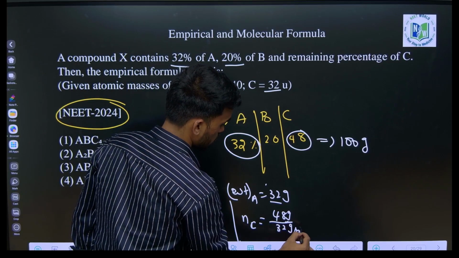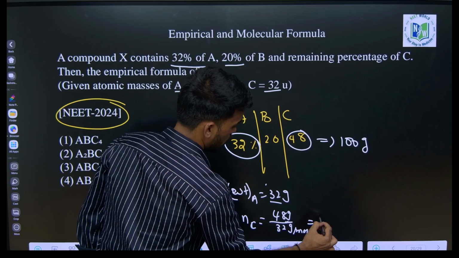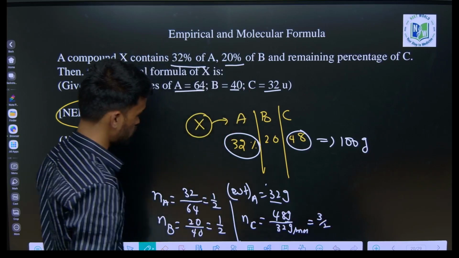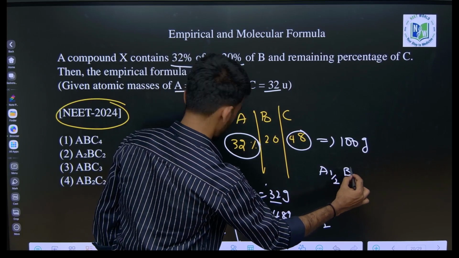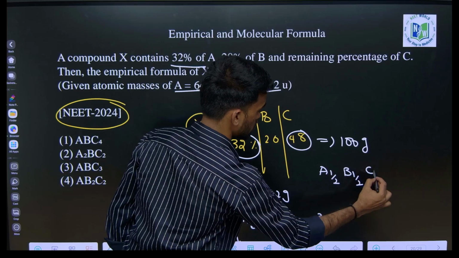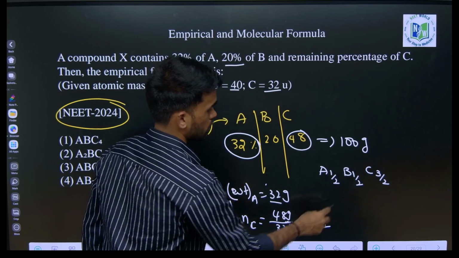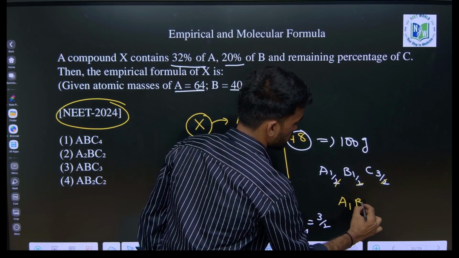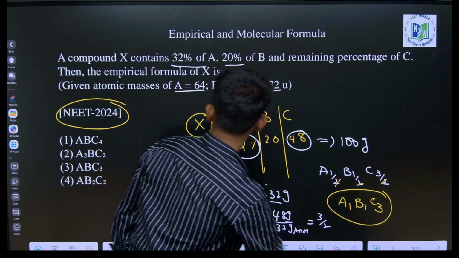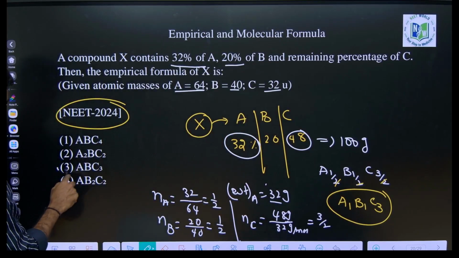So finally, we are getting 3 by 2. So what is the mole ratio? A 1 by 2, B 1 by 2, C 3 by 2. Now you can just take the simplest whole number ratio, A1, B1, C3. So like this, we have only one option, that is option number 3.